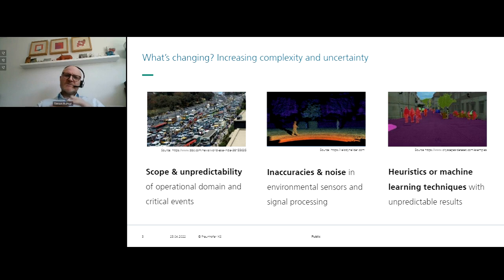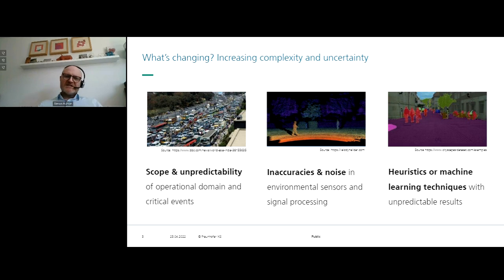These systems operate in a very complex, unpredictable, almost unmodelable environment where they need to somehow make sense of the world around them, complex traffic flows, the visual characteristics of pedestrians and other objects on the road, etc. And this environment is changing all the time as well and is very unpredictable. So that's one source of complexity and uncertainty.